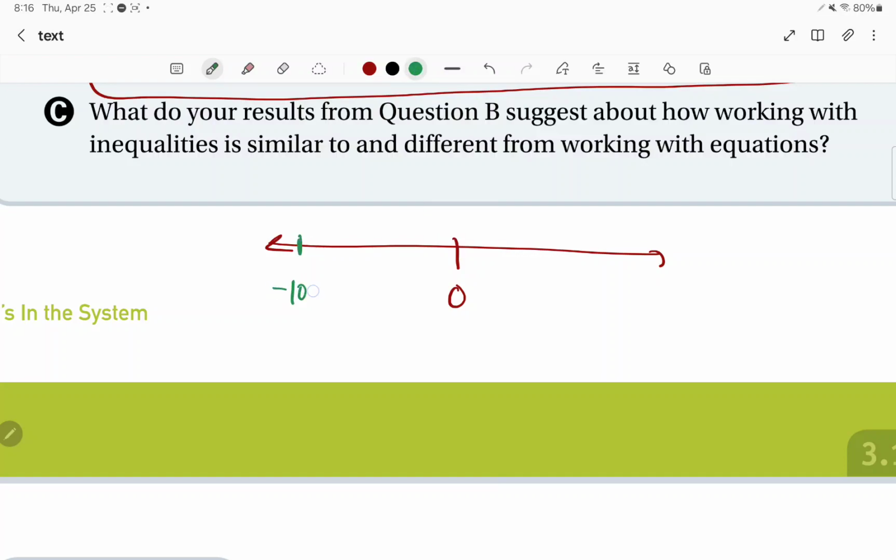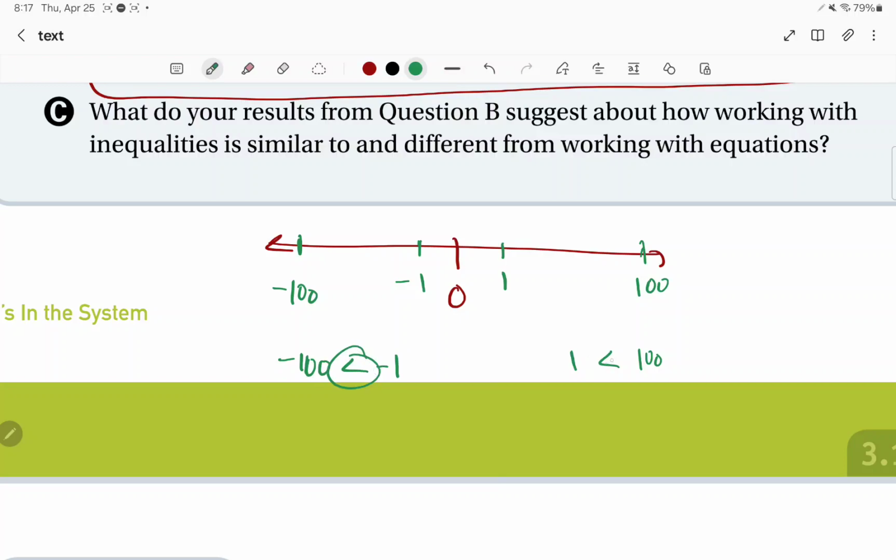If I have a really big negative number, that's actually smaller than a really small negative number, versus a really large positive number and a really small positive number, right? So in this case, negative 100 is actually less than negative 1, but in this case, 100 is greater than 1, right? So we have to flip the signs.